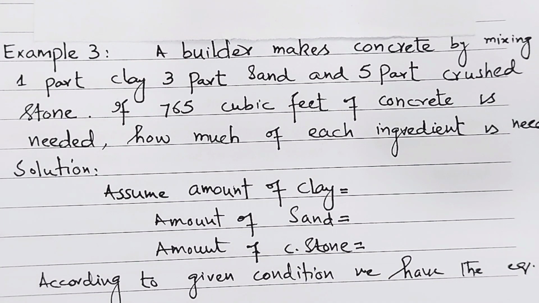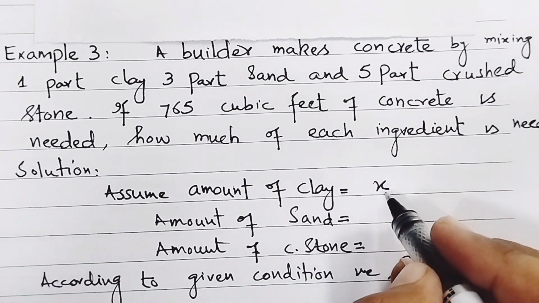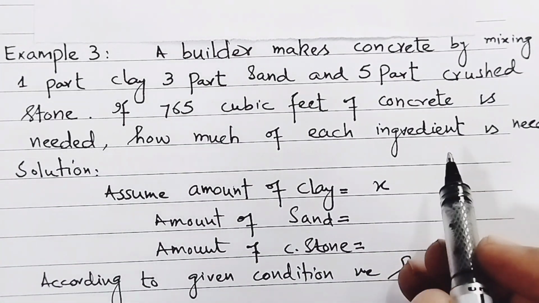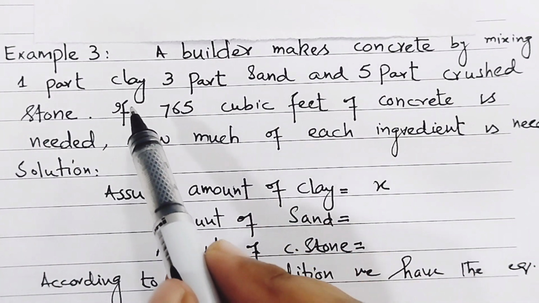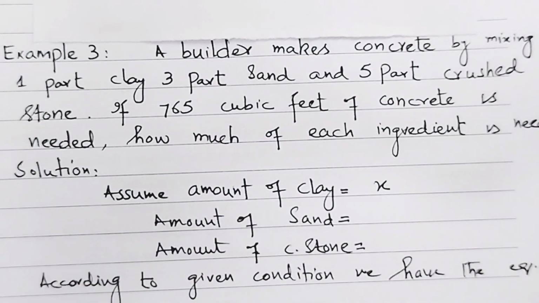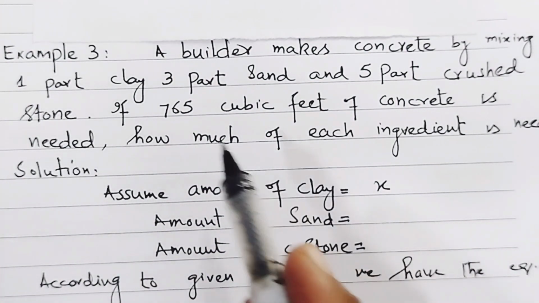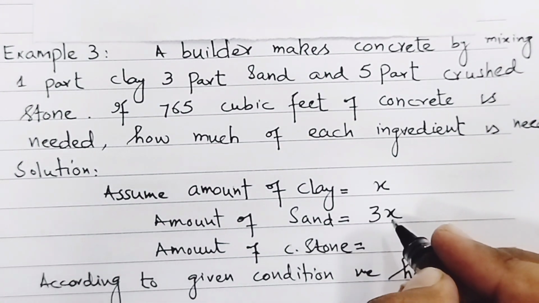So dear students, we first assume that the amount of clay is x. How do we calculate this value? As mentioned in the question, one part of clay is mixed in this concrete mixture. Then what will be the amount of sand? It's 3 parts, so it will become 3x.